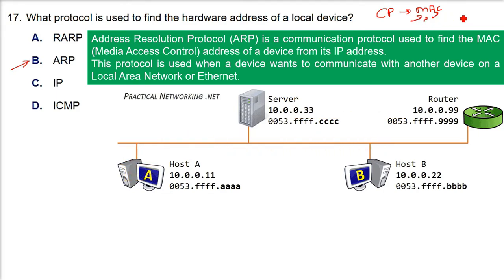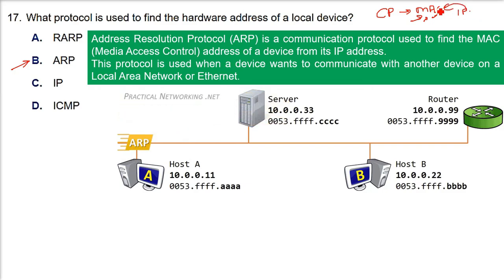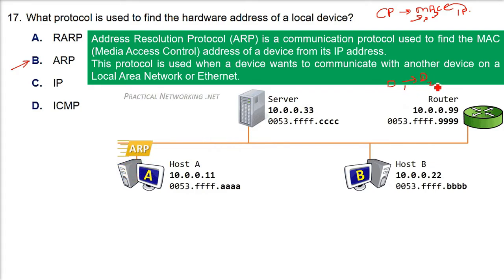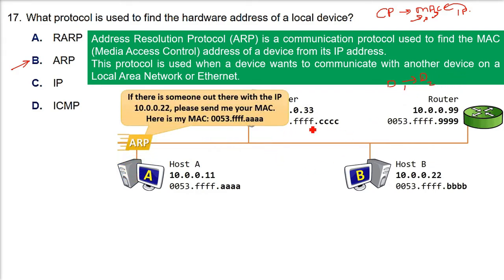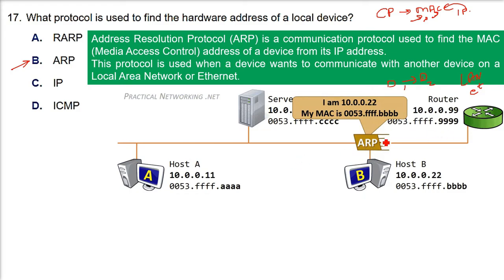This protocol is used when a device wants to communicate with another device on a local area network or an Ethernet. In the figure you see how ARP provides the MAC address from the IP address. So the answer will be B, right?